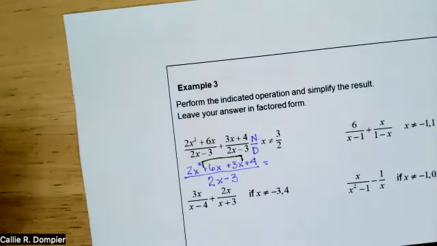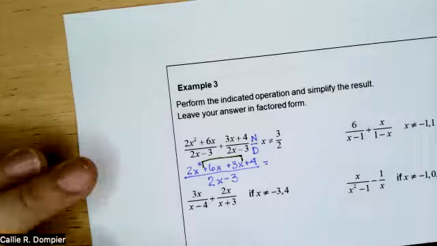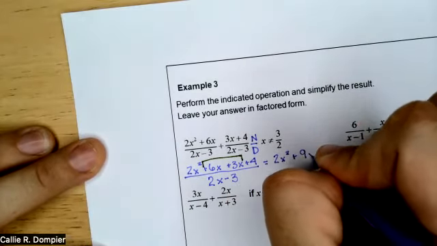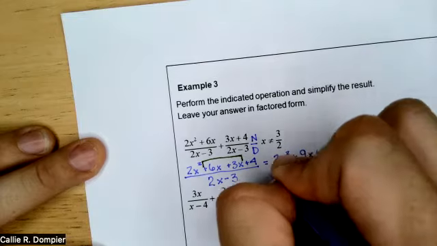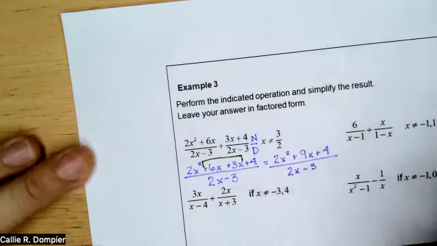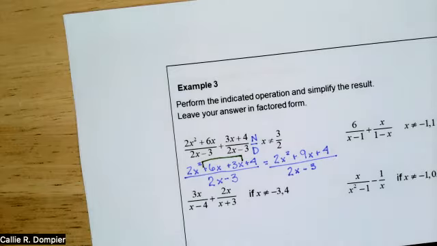Positive 6 and positive 3 become 9x and 4 over 2x minus 3. Two x squared plus 9x plus 4. That's a harder one.